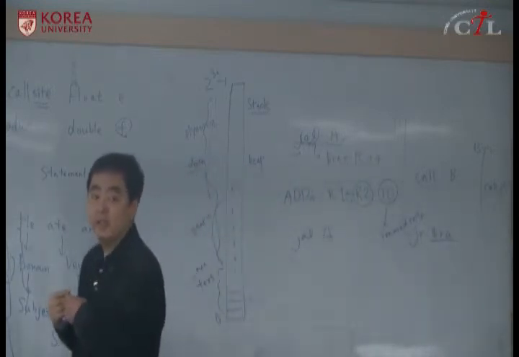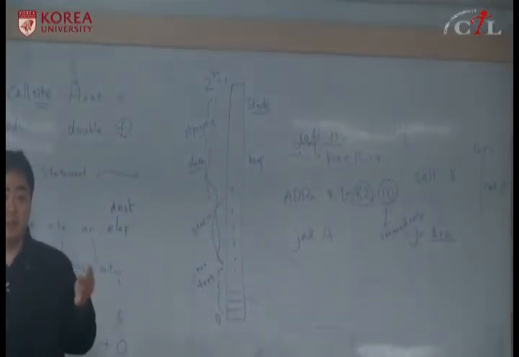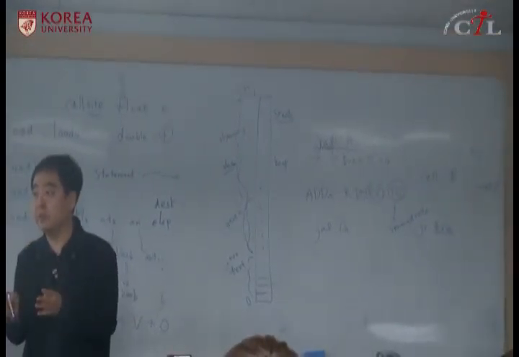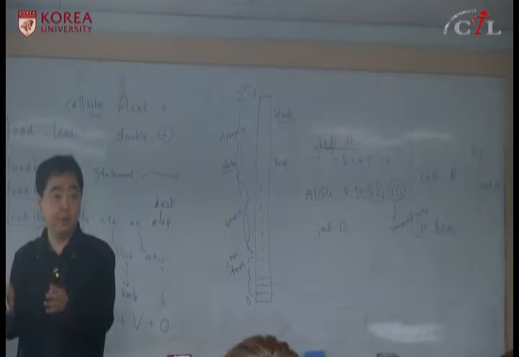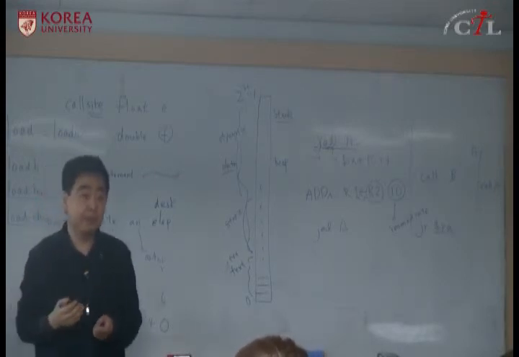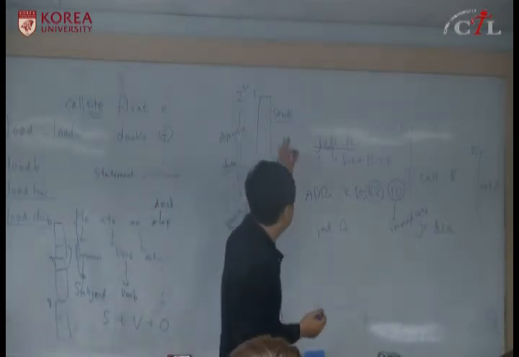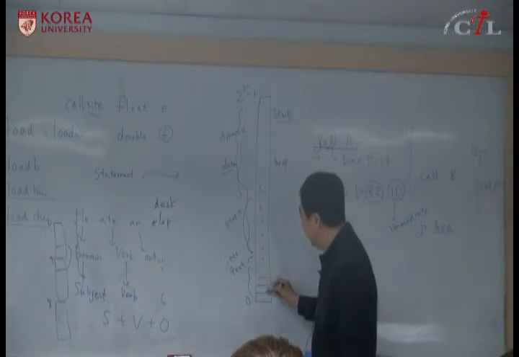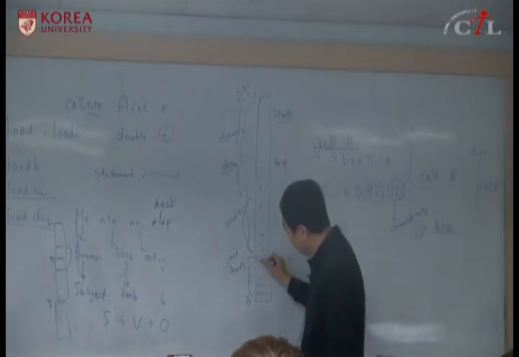You have to release them when you return, because it's dynamically allocated. Whenever you use the function, you allocate. When you return, you deallocate because you no longer use those variables. Okay, and the instructions are only here.